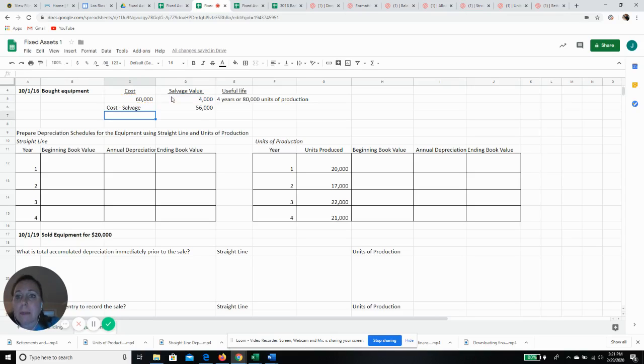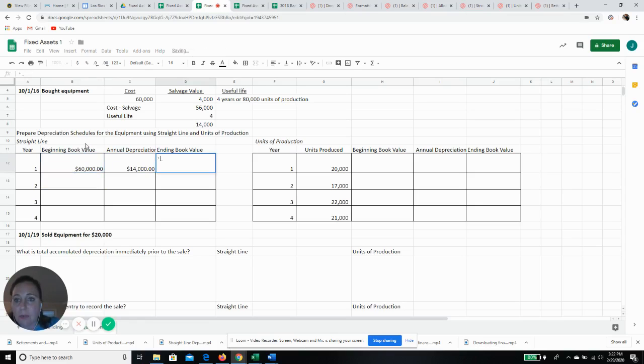For straight line, my useful life is 4 years. So my depreciation expense every year will be 56,000 divided by 4, or $14,000 a year. My beginning book value is 60,000 and my annual depreciation is 14,000.